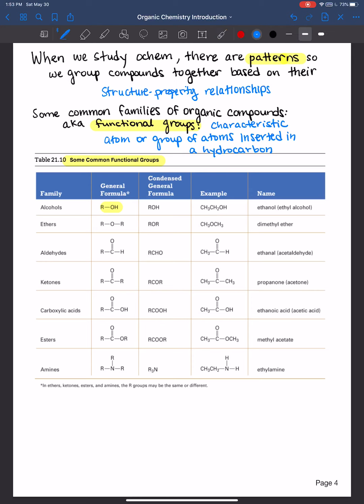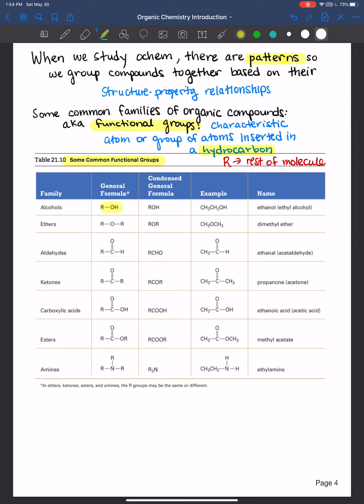Also, in addition, R stands for the rest of the molecule, which is largely composed of carbons and hydrogens, and that's why I refer to a hydrocarbon here. Hydrocarbon meaning a chain of carbon atoms with hydrogens attached. And so anytime you see R in organic chemistry, it just refers to the rest of the molecule.